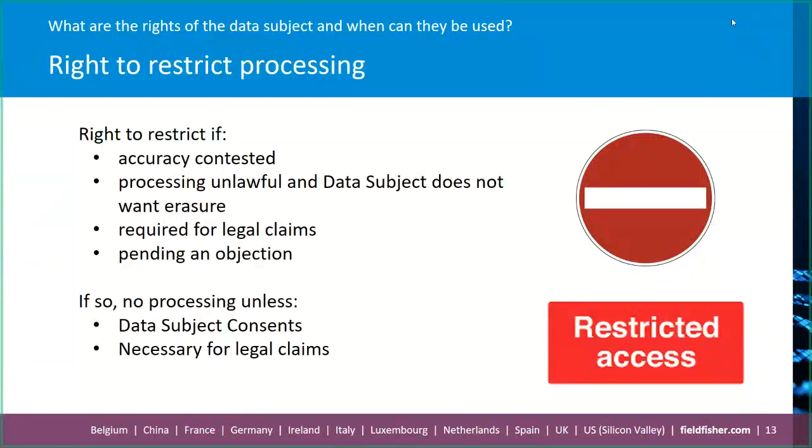So there won't be processing unless you have consented or it's necessary for legal claims. And in the UK, for example, contractual and litigation claims have a limitation period of 6 years. So sometimes there can be a period of that length, 6 years, where data is kept.